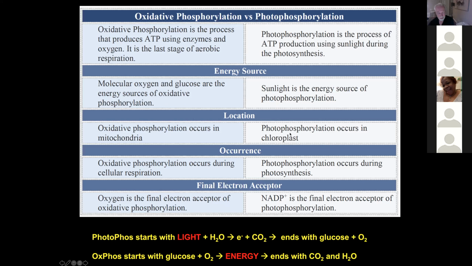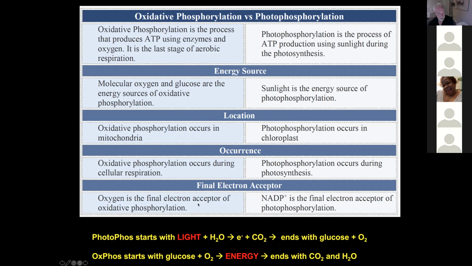Location: mitochondria versus chloroplast. Occurrence: oxidative phosphorylation occurs during cellular respiration, whereas photophosphorylation occurs during photosynthesis, that is, only in the light.